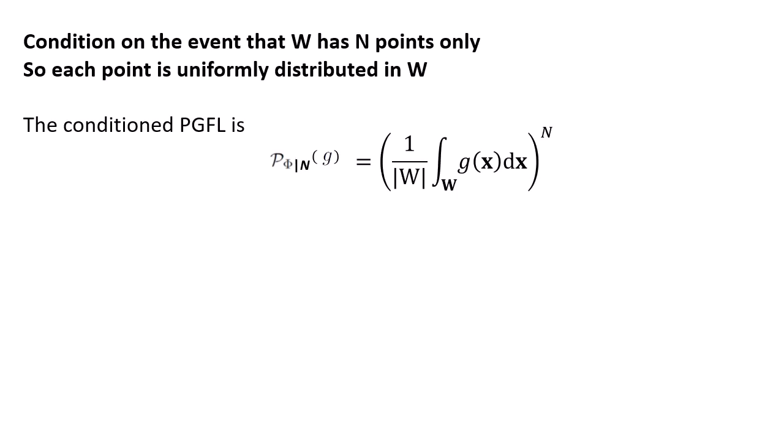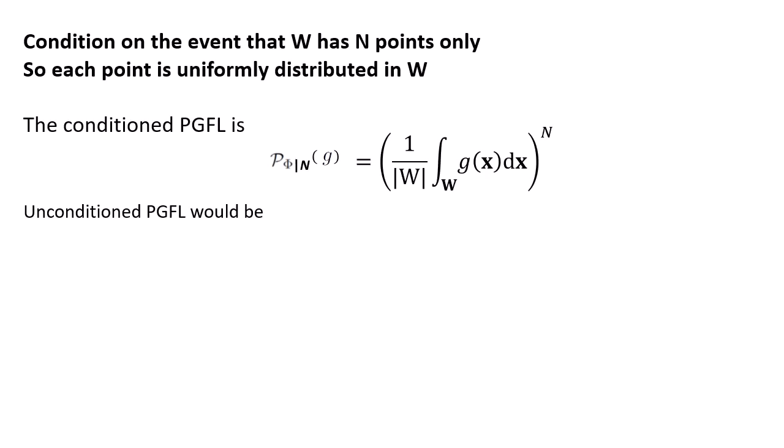For each point, the expectation of g(x) is the integral of g(x) dx upon the size of W, where dx upon size of W is the probability that the point will be in dx. You multiply by g(x) and integrate over set W, and because each point is identical, the expectation of the product of n points would be equal to this to the power n.